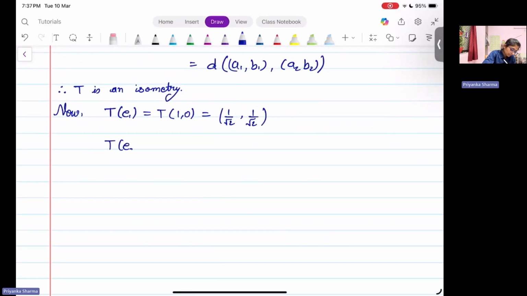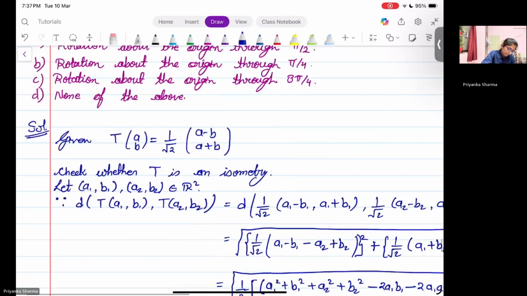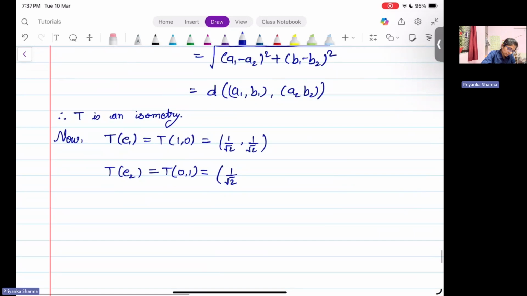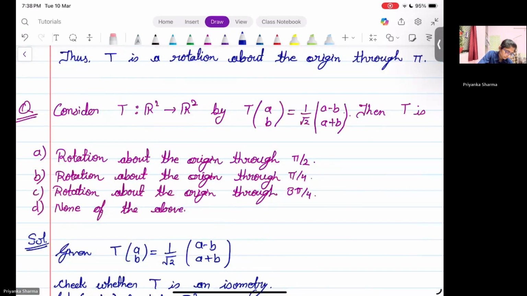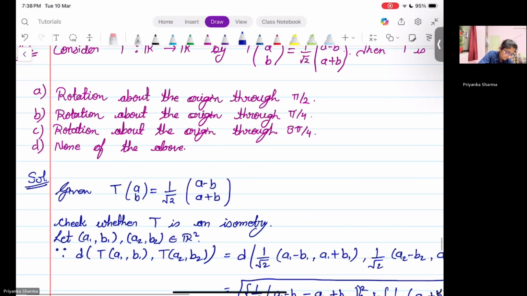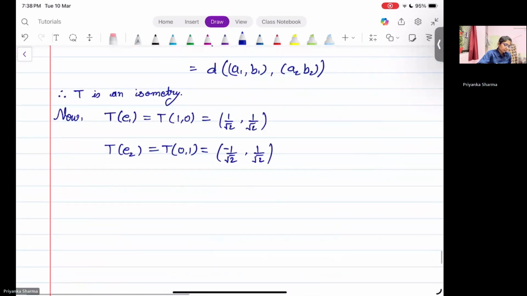And similarly, TE2 or T01, this will be 1 by root 2 A minus B, that is minus 1, and 1 by root 2 times A plus B, that is simply this. Okay.